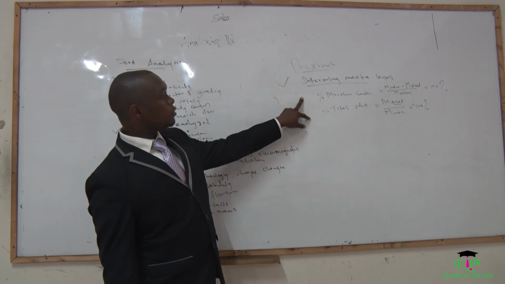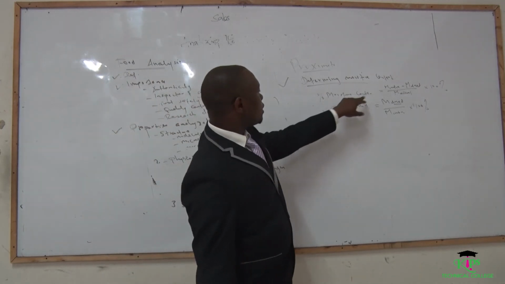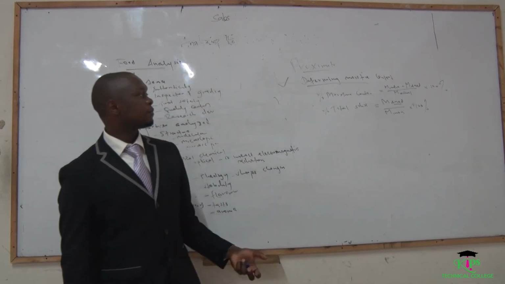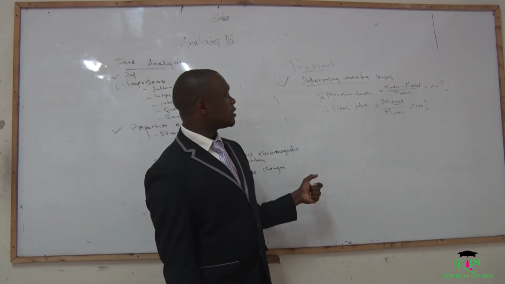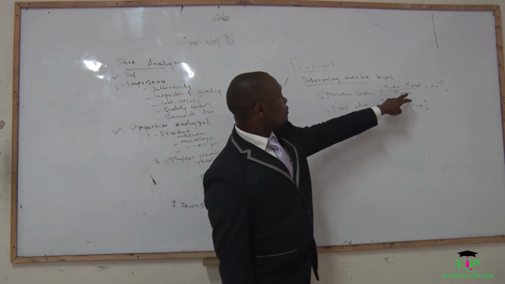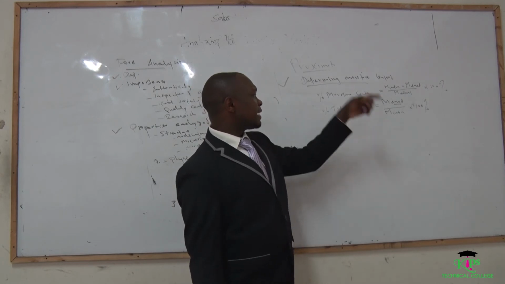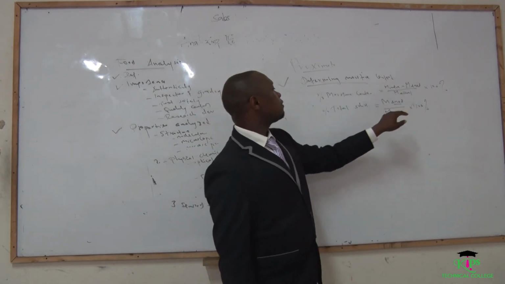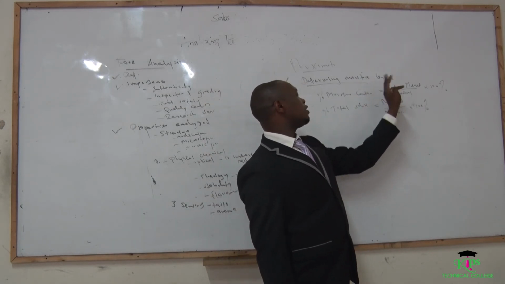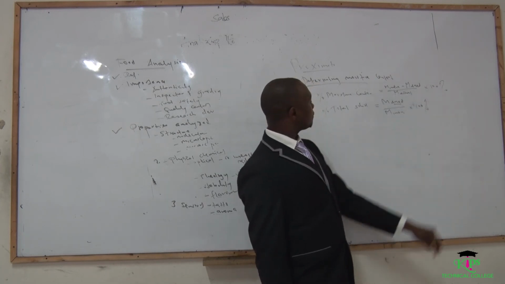We can determine the moisture content using these two main formulas. How do we find out the moisture content? In determining the moisture content, we measure the weight of the food before drying and after drying, then get the difference between them, and then we divide that value by the weight of the food before drying, and then multiply it by 100%.